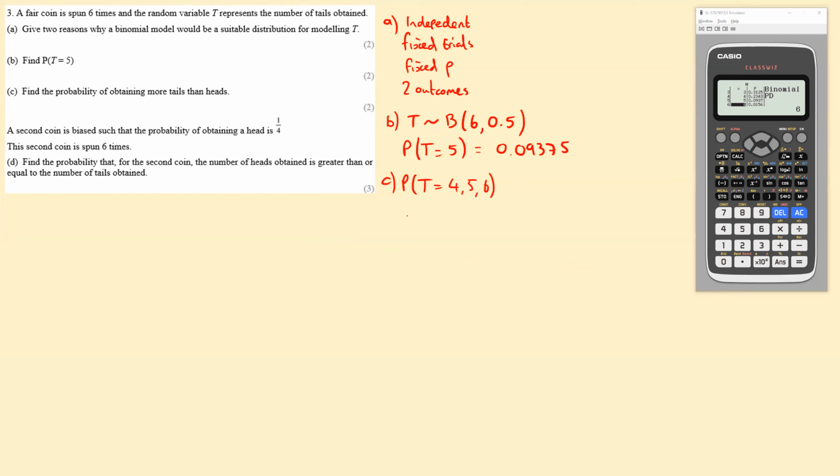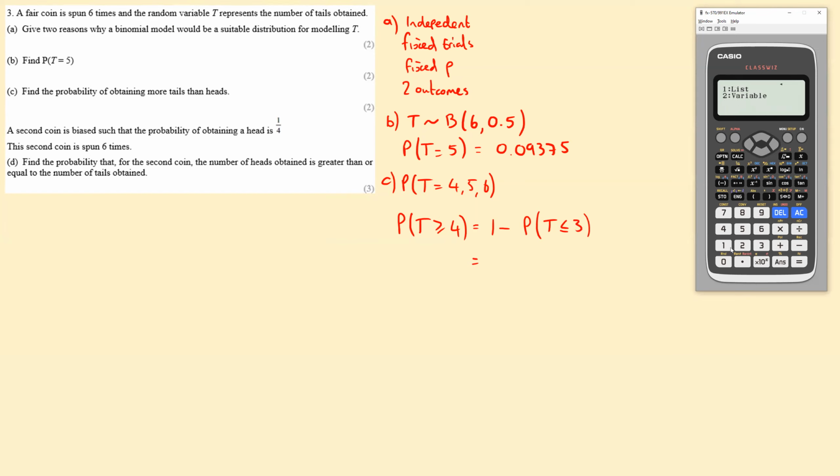I'm going to do it the fact that I want the probability of T to be greater than or equal to 4. If I know that I want at least 4, then that's going to be 1 minus. I want 4, but I want to remove everything less than or equal to 3. So I'm going to find that on the calculator. So for that, I'm actually going to use the cumulative one.